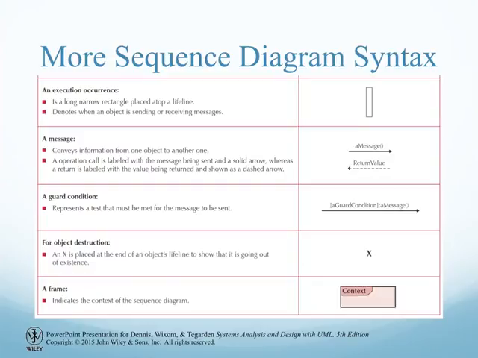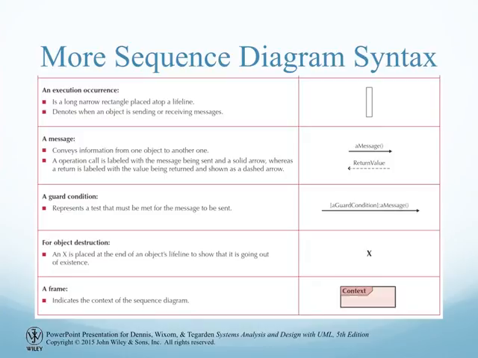The lifeline might stay. That object might stay in memory, ready to be used for something else. But this particular moment when this information is being sent or received, that execution occurrence exists, and that's the length of it. Again, this will make sense when you see the next slide that gives the example.